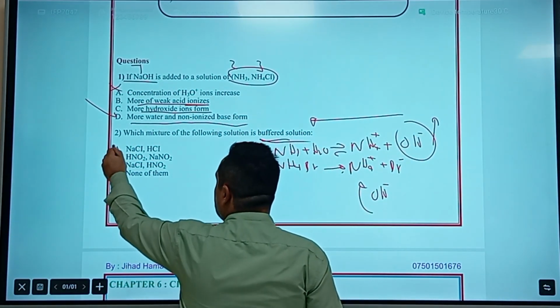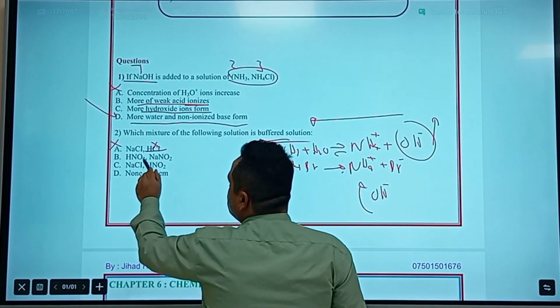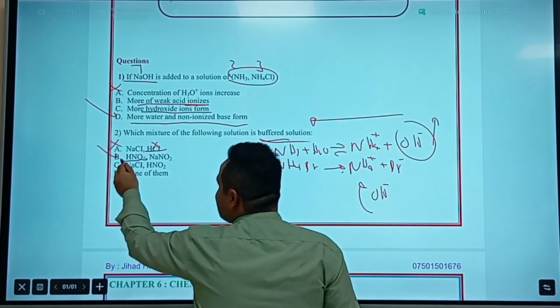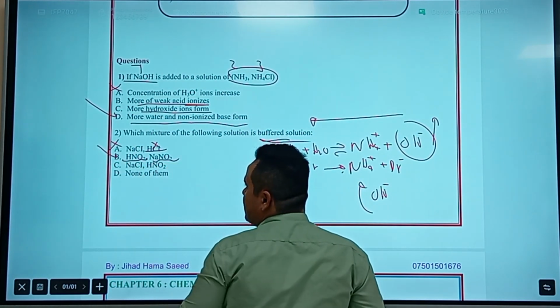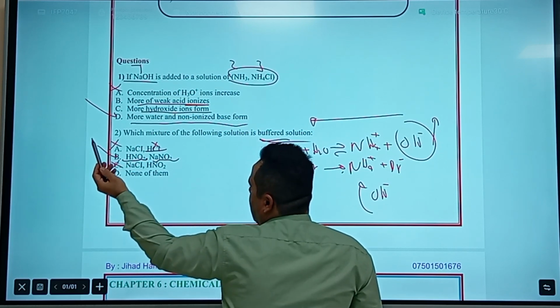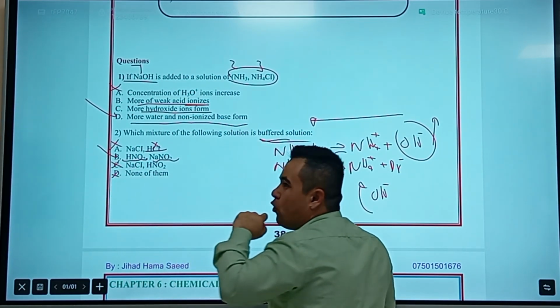NaCl and HCl, no, it's a strong acid, cannot be taken. HNO2 with NaNO2, yes, because this is a weak acid with a basic salt. NaCl and HNO2, no, they don't have a common ion in between, and this is a neutral salt. None of them, so B is the correct answer.